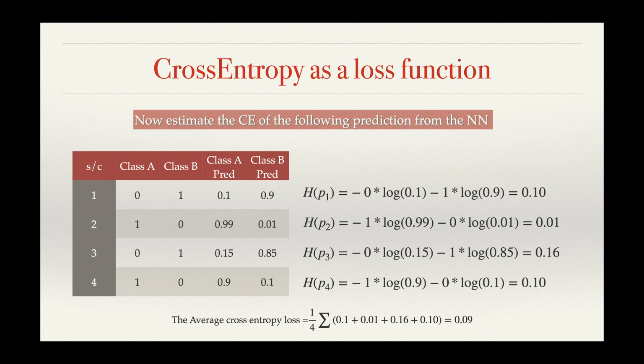So let's say now this is my ground truth, and this would be my prediction from the neural network, which is the output of the softmax. So this, for example, is the output of the softmax with respect to the first input, this is with respect to the second input, third, and fourth. So now we need to estimate the loss.